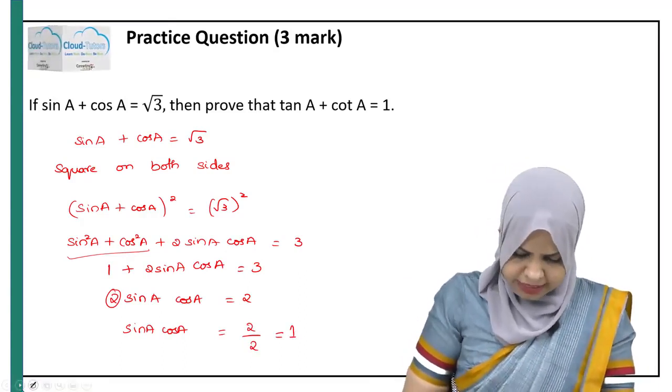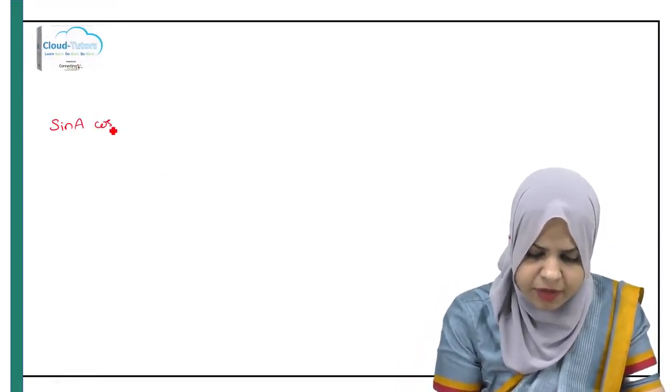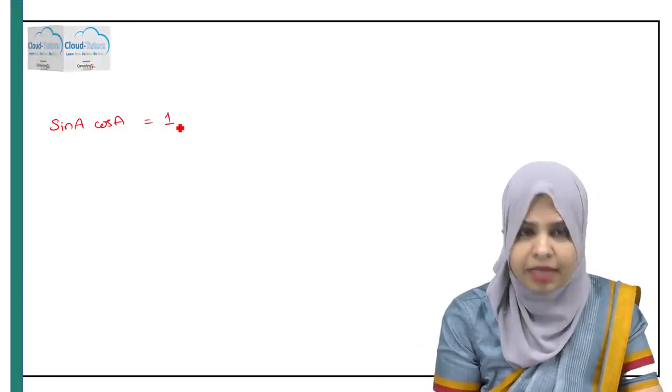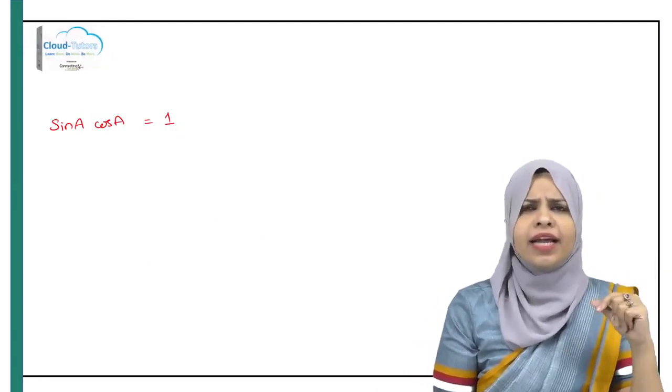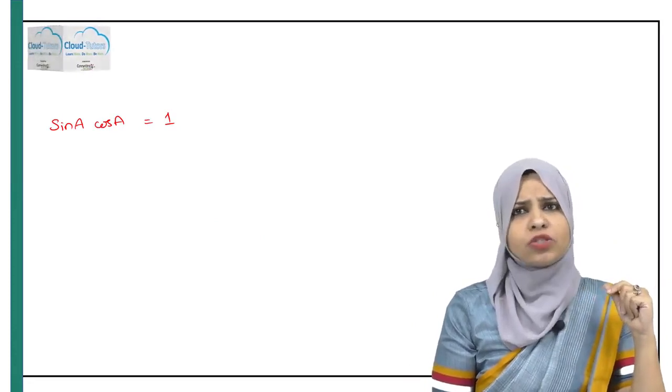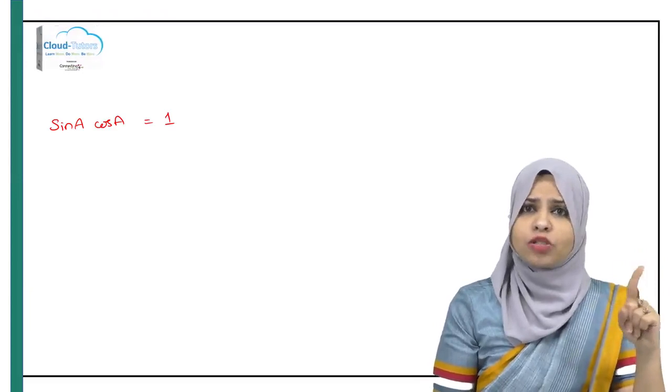Now let's see. Sin A cos A is equal to 1. Correct? This is what we had got in the last. So instead of this 1, can I not write this as sin²A + cos²A? Will it matter? Because I know sin²A + cos²A is 1.